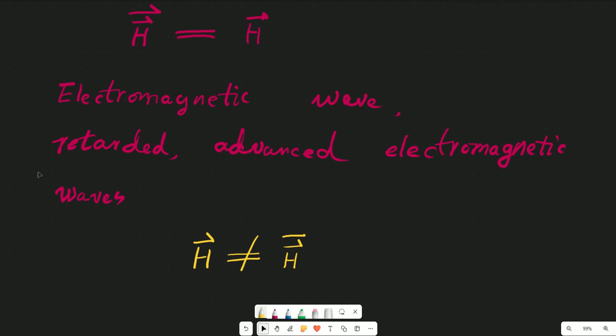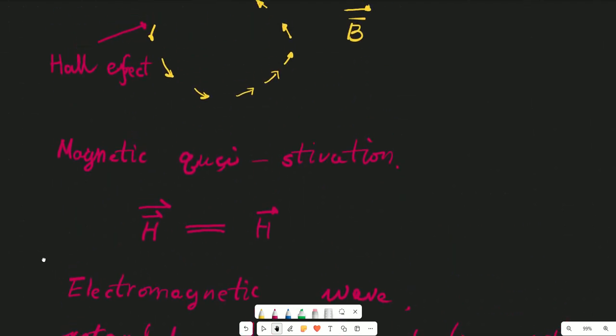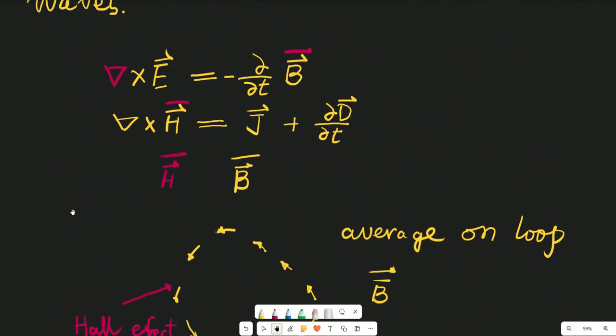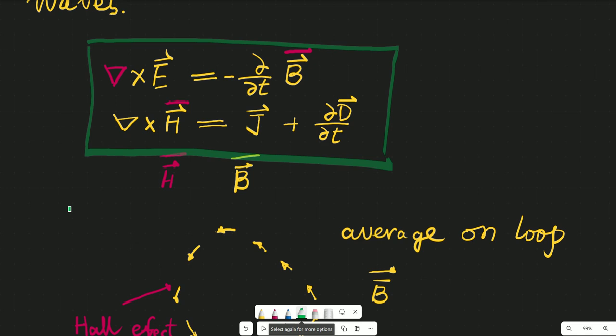So this is the correction of the Maxwell equation. This is the corrected Maxwell equation. The Maxwell equation itself is correct.